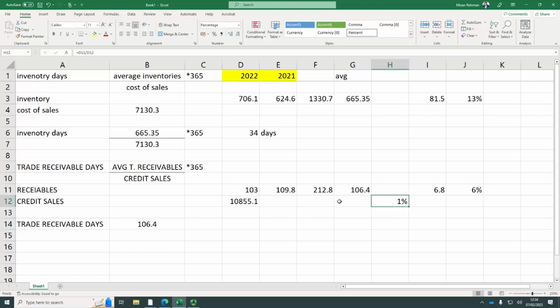If you don't calculate this ratio for a retailer who sells only on cash, it's fine. Okay, no penalty, but you need to understand things which I'm explaining. So it's only 1%. These receivables are so insignificant that if they are being mismanaged, the chances are they will not have a major impact on the OCC of the company.